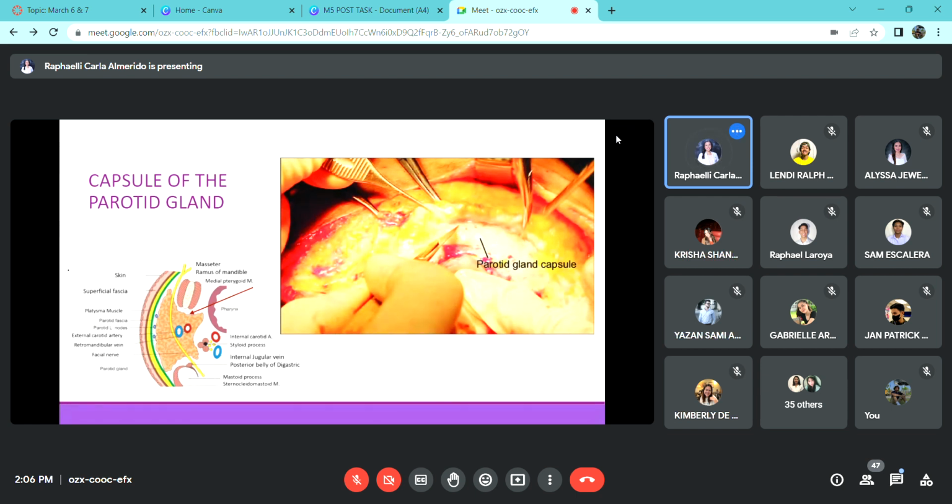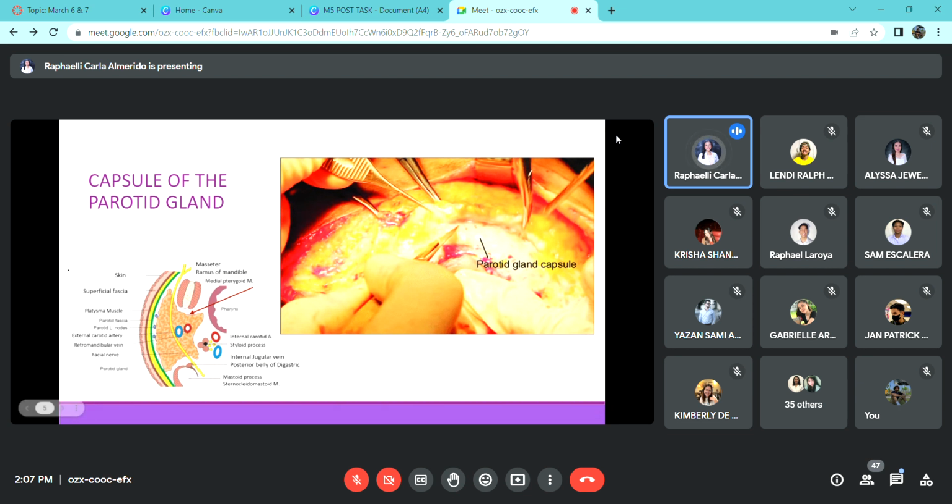And on your screen, you will see the parotid gland here, the one pointed by the red arrow. Within the gland, you will see that the external carotid artery as well as the retromandibular vein passes through the gland.